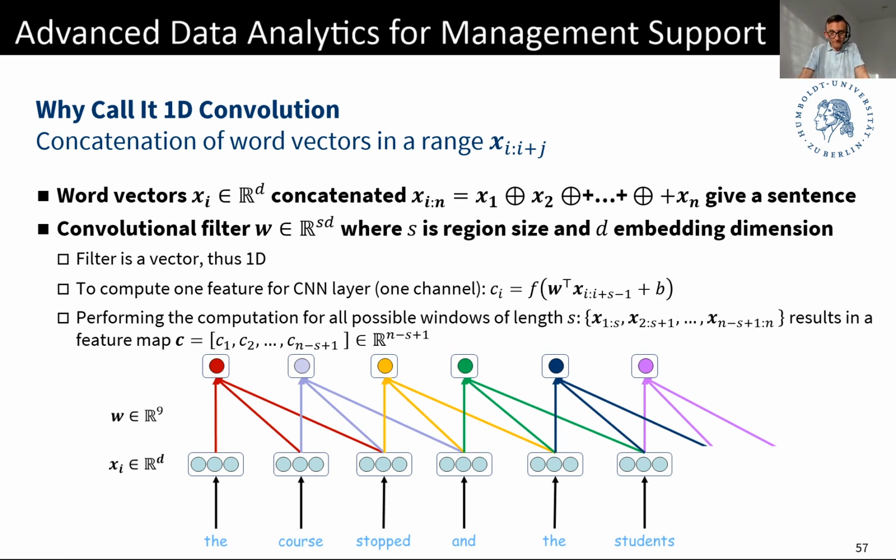The picture on the lower part of the graph is another way to picture that, where we embed our vectors and then consider a bunch of vectors, do the pairwise multiplication with our filter, and then collect the feature map, where each pairwise multiplication contributes one element of this feature map, right?